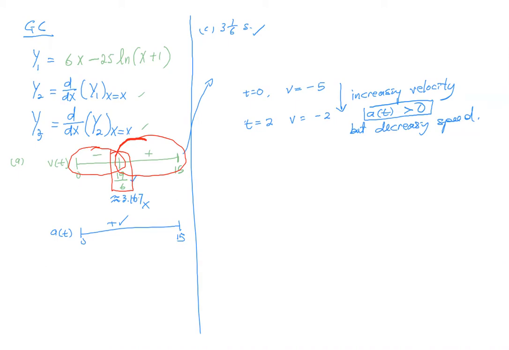You get me? Because the acceleration is always positive. If acceleration is positive, it means the velocity is increasing. So get it right between velocity and speed. Velocity must take direction.